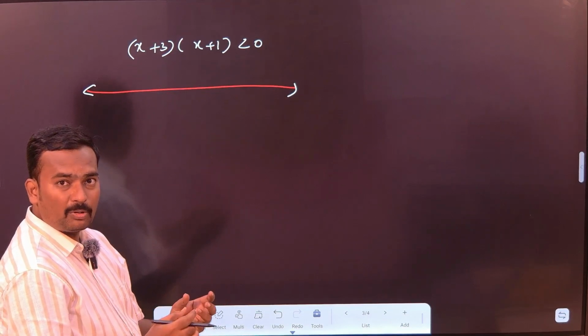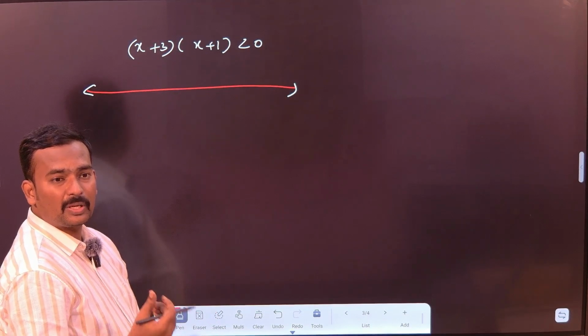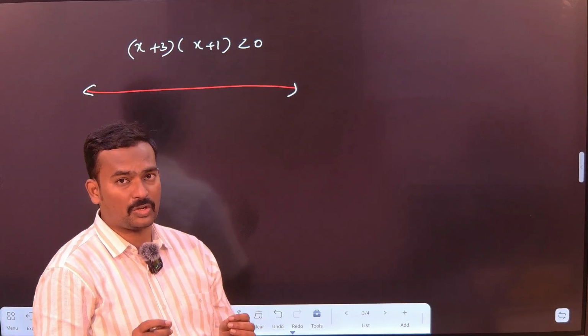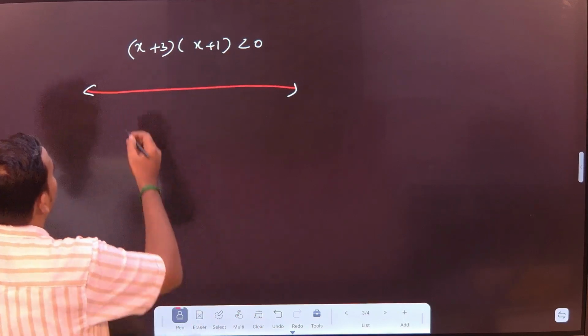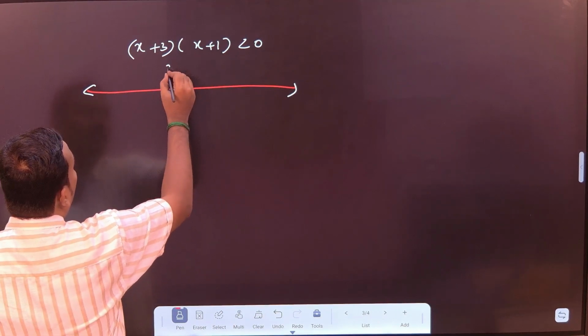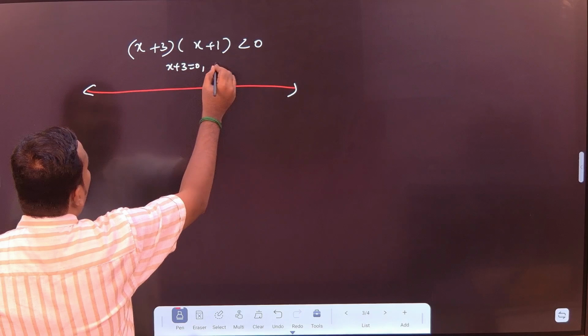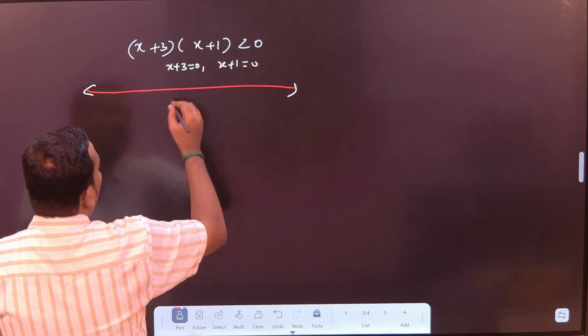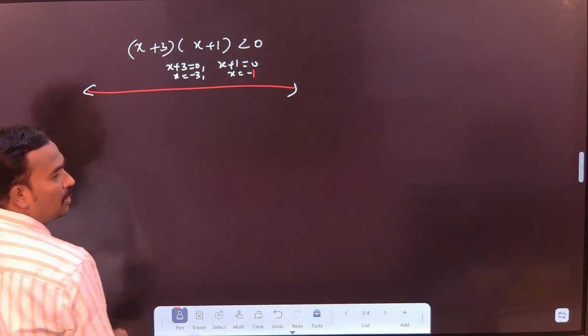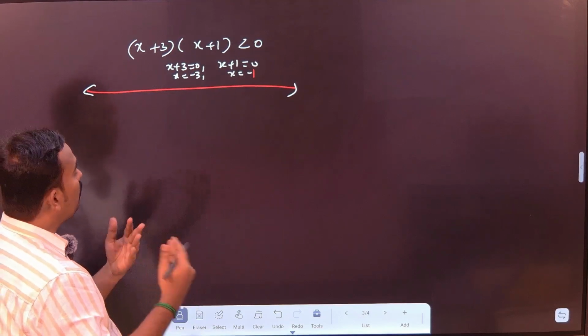If you're not able to understand the Wavy Curve method, you can watch my Wavy Curve method one-shot video available in Math J Academy. Okay. So what you can do, first equate to 0. The critical points are what? X plus 3 equal to 0 and x plus 1 equal to 0. Then x equal to minus 3 and x equal to minus 1. So you have to write them in ascending order on the number line, right?